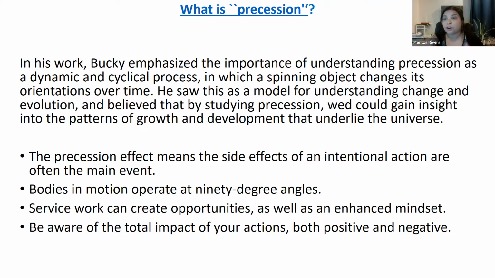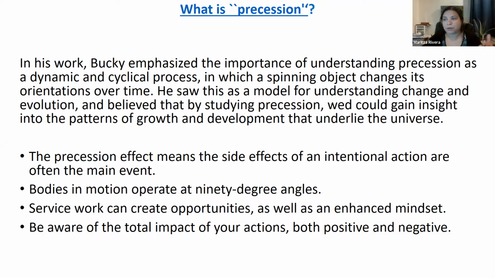These bullets down here are ones I pulled out from all of this that we've been looking at for this definition. So the precession effect means that the side effects of an intentional action are often the main event. In other words, that bee is collecting honey, but the main event is the pollination of all the various flowers, which are vital for us on this whole planet.